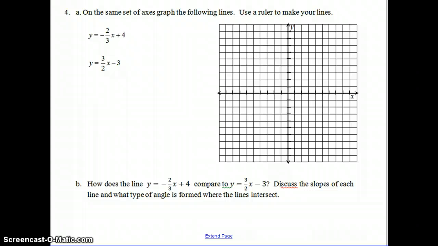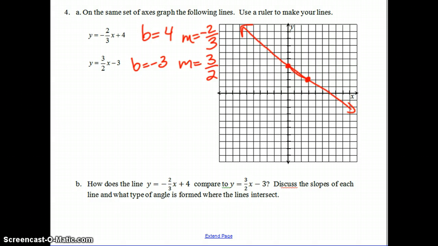Alright, let's try this one. Plot B, and our slope is negative 2 over 3, so B is 4, negative 2 over 3, and then B is negative 3, and our slope is 3 over 2.